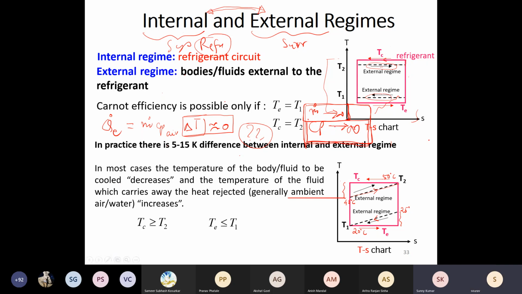Is this possible? I cannot have a fan which blows air at infinite speed, or a pump which flows liquid water at infinite velocity. But what about Cp tending to infinity? Cp for air is finite, Cp for liquid water is finite. Is there a case where Cp is infinity?